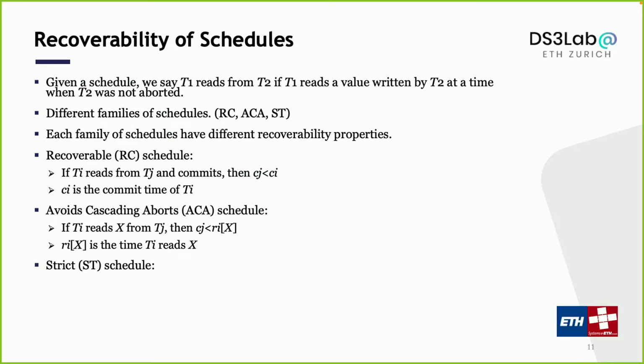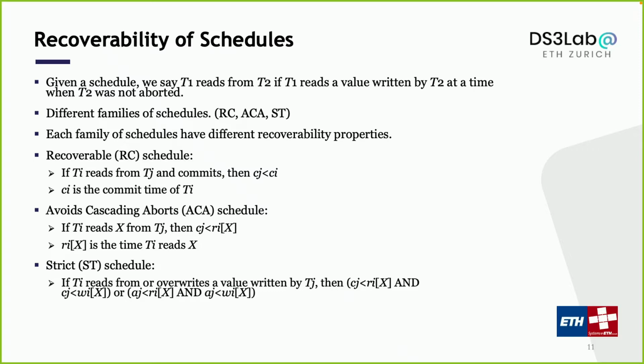So you have another family called strict schedule. The definition will be long, but essentially it says that if Ti reads from or overwrites a value written by Tj, essentially that means if Ti accesses some data, either reads or writes something that has been updated by Tj, then the following needs to be true: Tj either needs to commit before Ti reads or writes X, or Tj aborts before Ti reads or writes X. So we are going to unpack those definitions in the next slides.